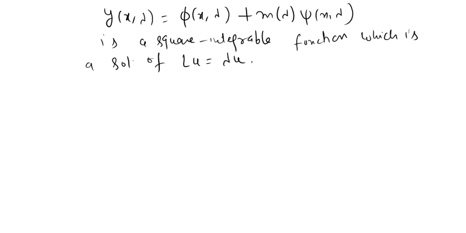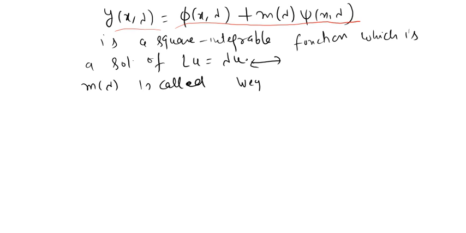So this y is a solution, and m is called the Weyl-Titchmarsh function.